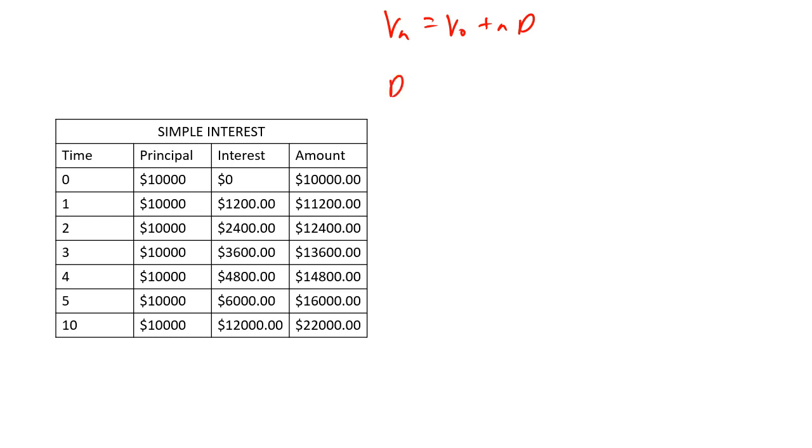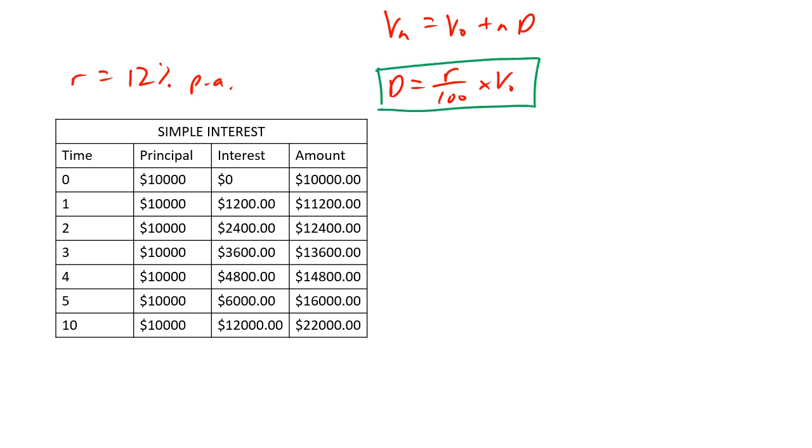But we've also found that D equals R over 100 times V naught, not forgetting that we said R in this case is 12% per annum. Now, what we're going to do is take this D and substitute it into here.